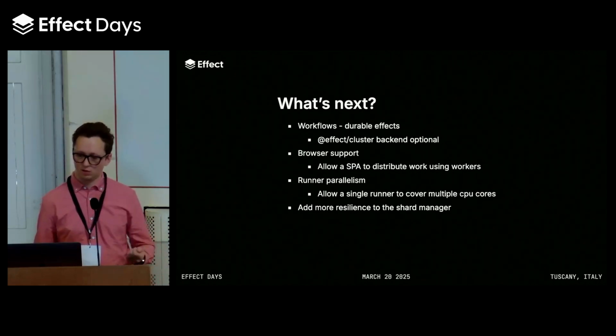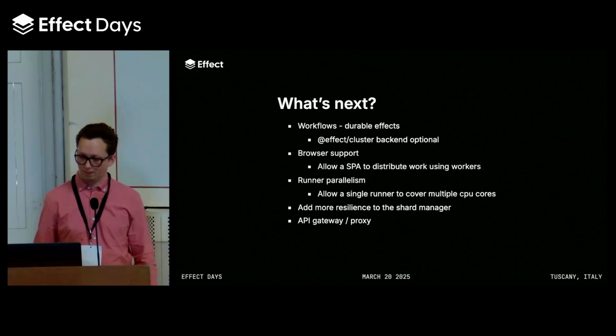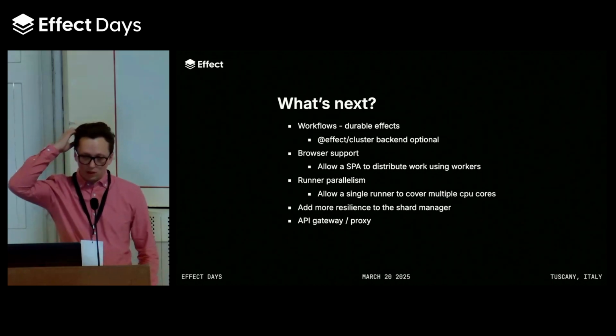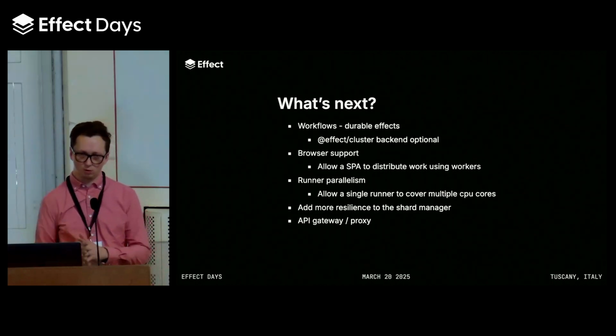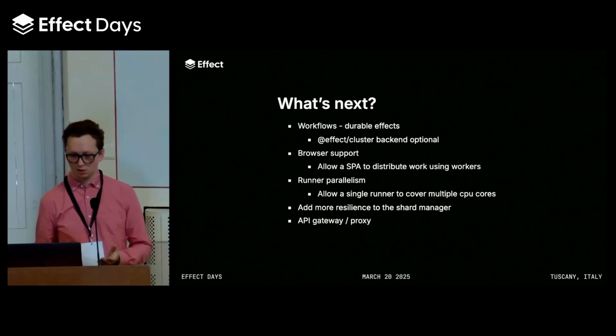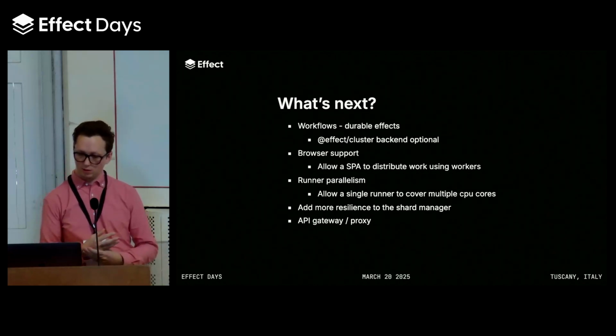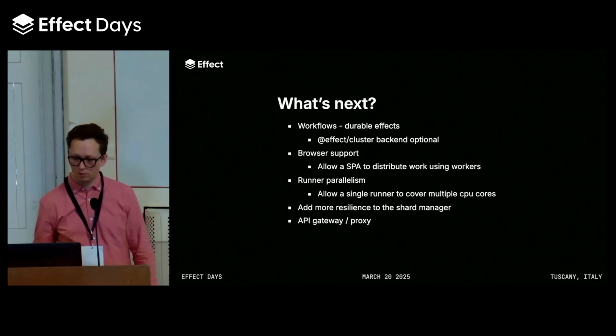And also an API gateway proxy. So for the outside world to talk to your cluster, you could go through a gateway proxy with a similar API to the client we looked at earlier, but that doesn't have to connect to the cluster directly.